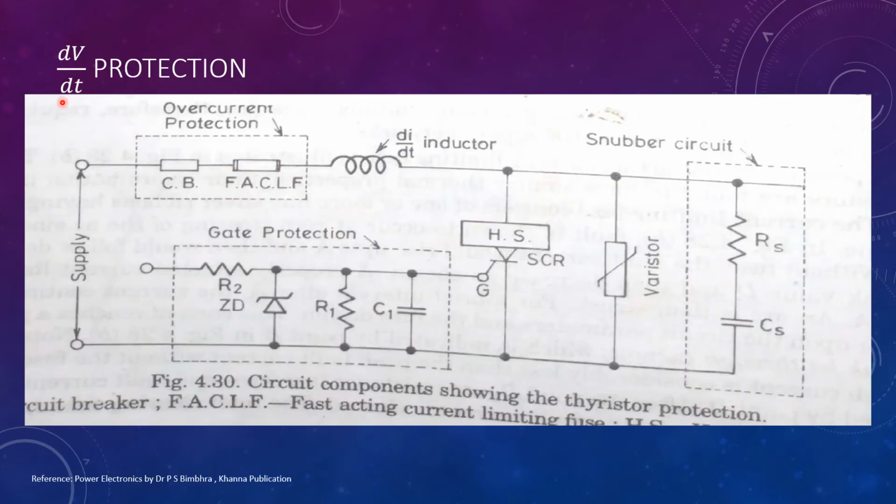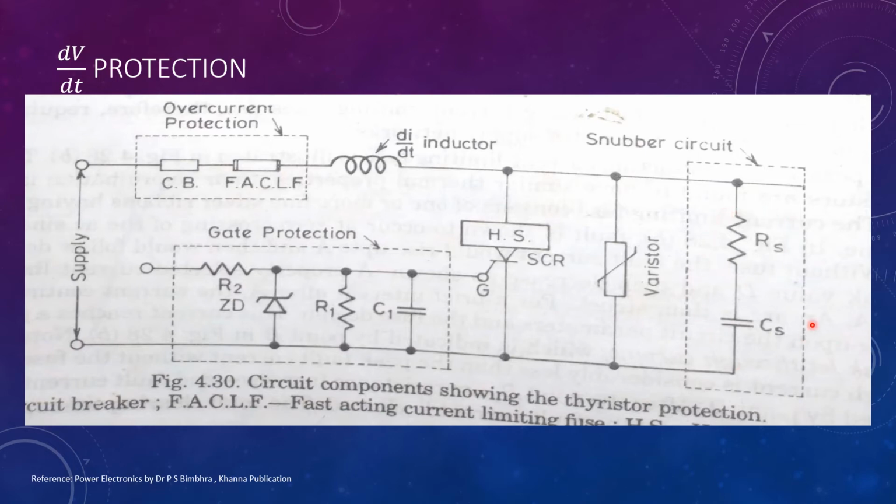To protect the thyristor against high dV by dt, an RC snubber circuit is connected in parallel across the thyristor. Because of the RC network connected in parallel across the thyristor, the capacitor will charge first. The charging of the capacitance is controlled by this resistance.